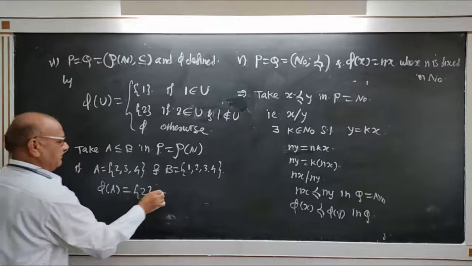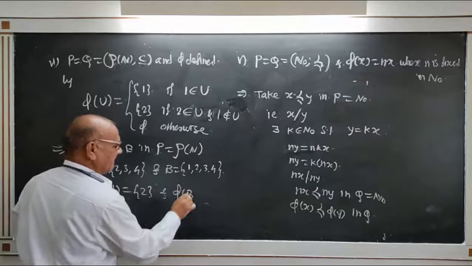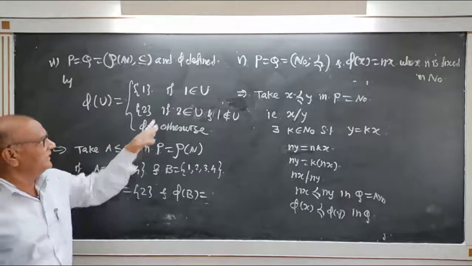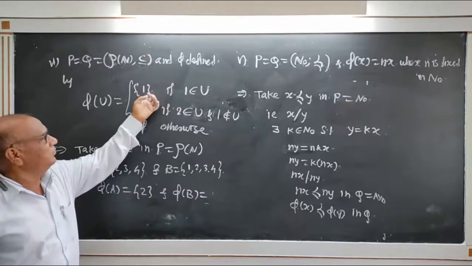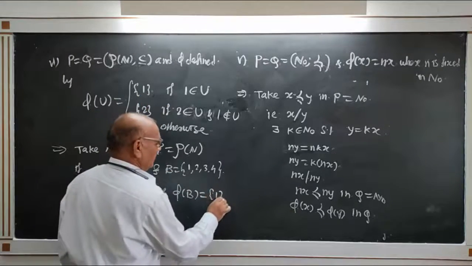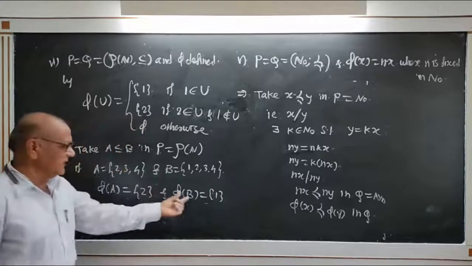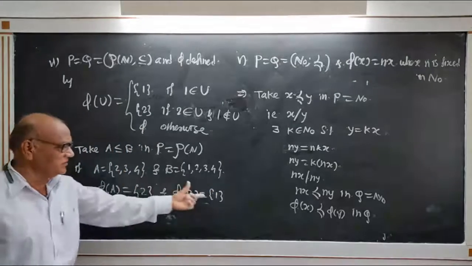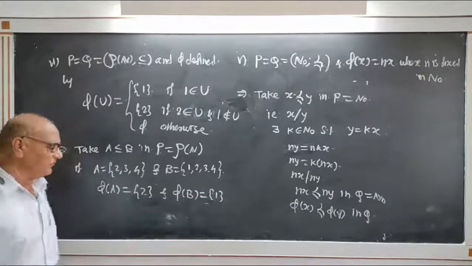And phi of B is equal to, here 1 belongs to B, so this is singleton 1. Here singleton 1 is not related to singleton 2, and singleton 2 is not related to singleton 1.